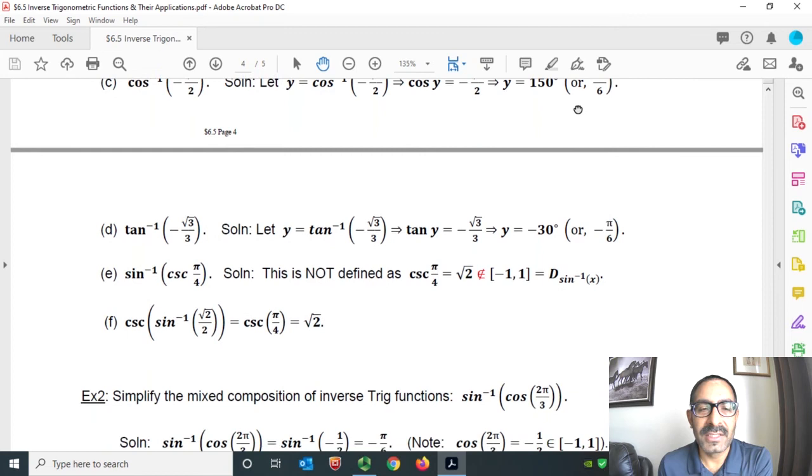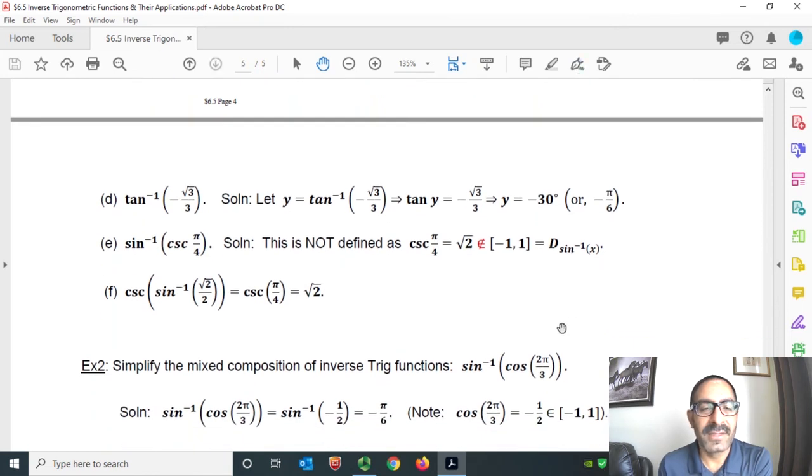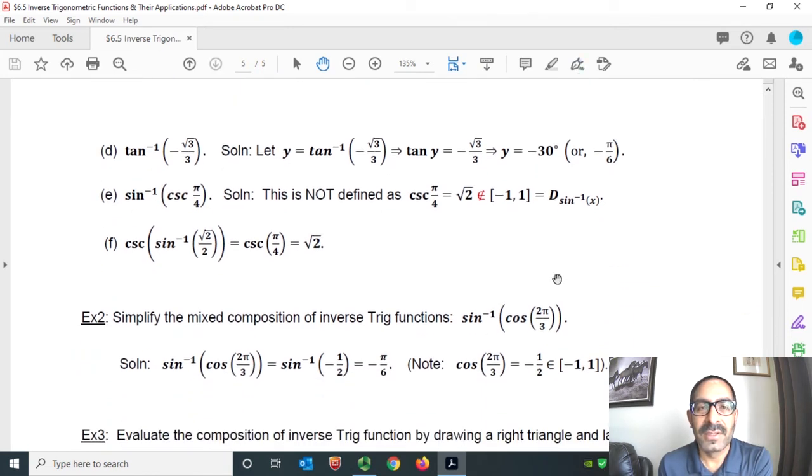Similarly, part D, let's find the value of tan inverse of negative radical 3 over 3. Solution: let y equal tan inverse of negative radical 3 over 3. This is the same as saying tan y equals minus radical 3 over 3. Then we know at 30 degrees, tan 30 equals radical 3 over 3.